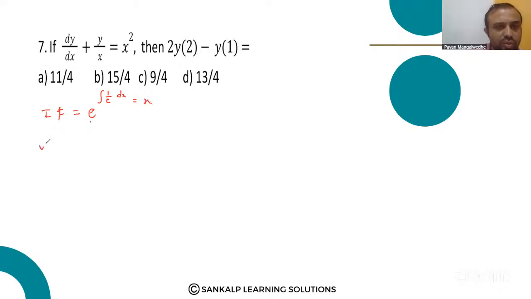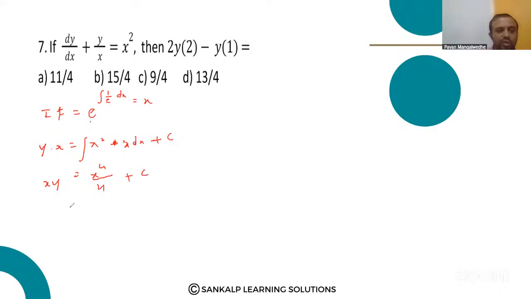So the general solution for this is y into x equals the integral of x square into x dx plus c, which is x into y equals the integration of x cube, x raised to 4 by 4 plus c.